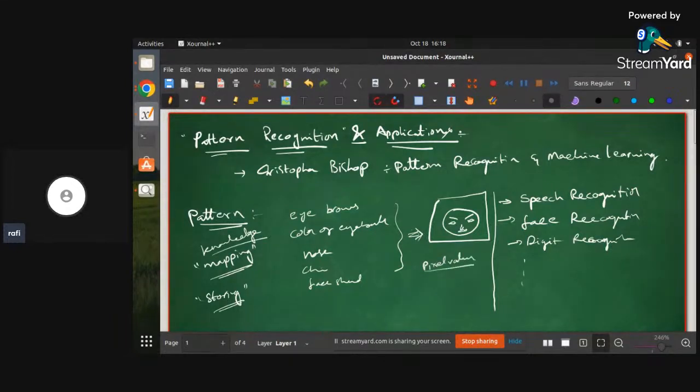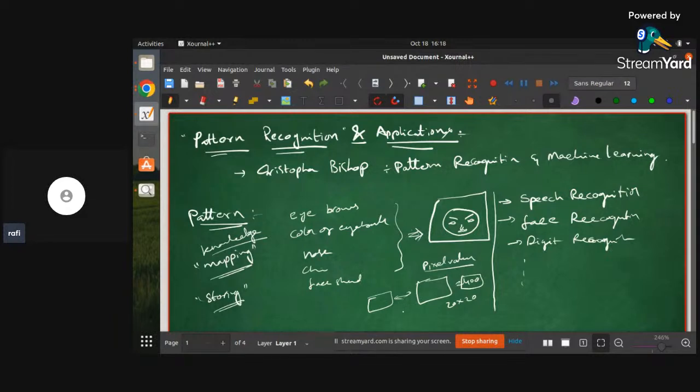Pixel by pixel, for example, a 20 cross 20 image has 400 pixel values, which it stores in a memory location, and whenever the same copy of the image is given, it will say that okay, this image is there with me, in this location, like an image search.